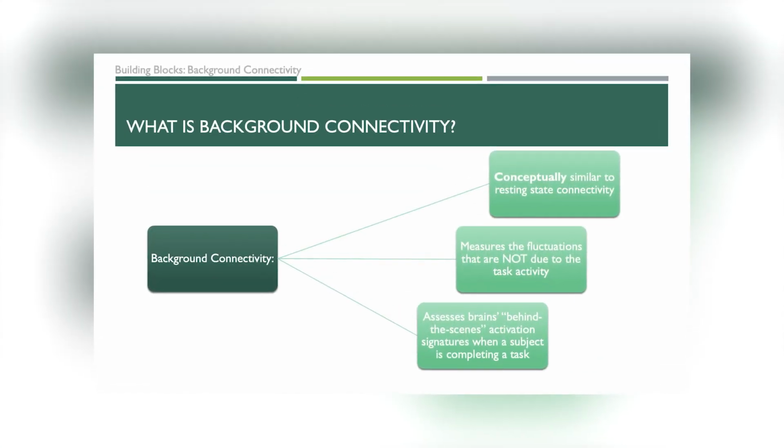What I mean by that is the small, random, spontaneous increases and decreases of blood flow across the brain. You can think of it as people working in the background once someone's at rest. Now, background connectivity.